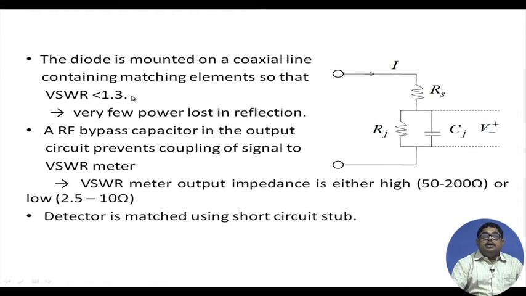Today, we have seen that VSWR of 2, 3 and so on is not good. If VSWR is less than 1.5, we say it is a good, well matched circuit. So, very little power is lost in reflection. An RF bypass capacitor in the output circuit prevents coupling of the signal to the VSWR meter. So, the VSWR meter output impedance you can select as either high or low, and the detector is matched using a short circuit stub.